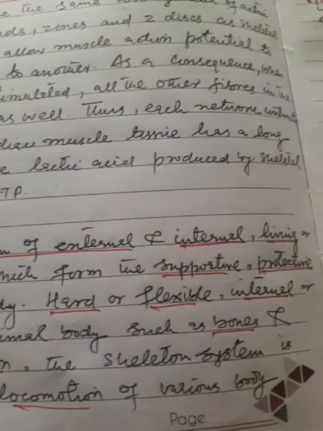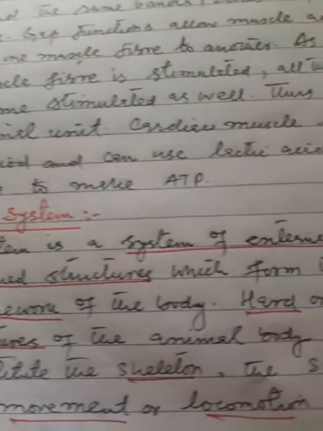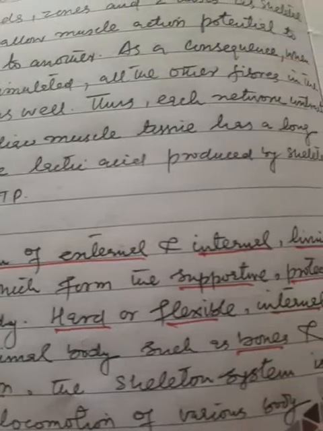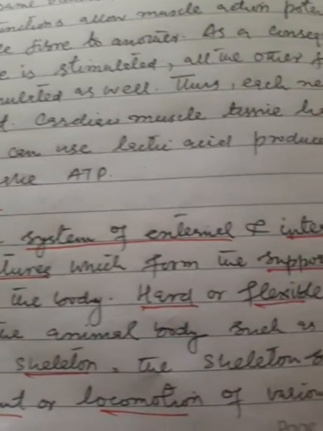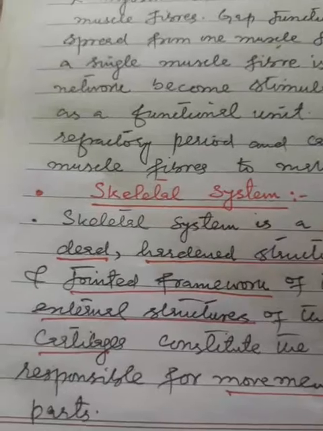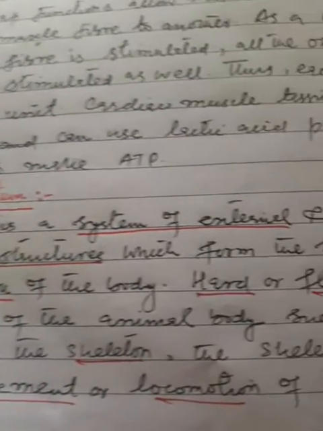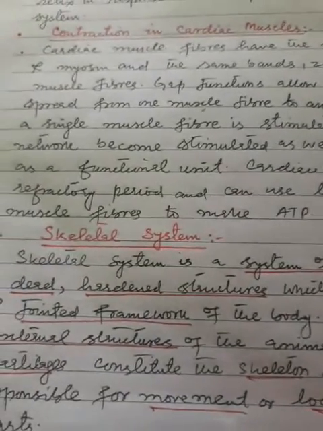Hard or flexible internal or external structures of the animal body, such as bones and cartilage, constitute the skeleton. The skeletal system is responsible for movement or locomotion of various body parts.